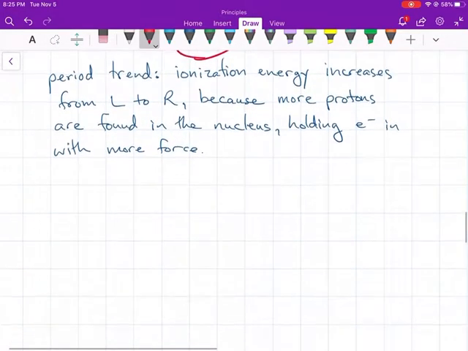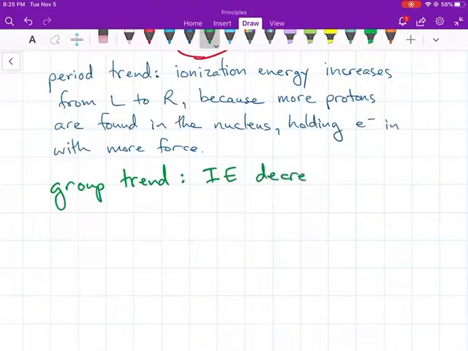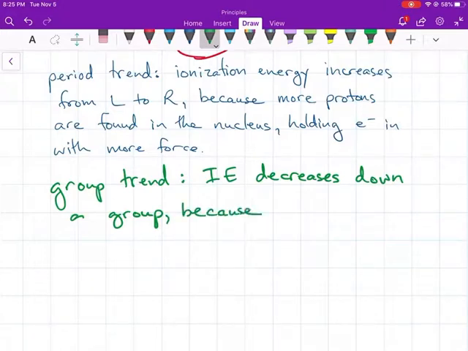Now the group trend you should have found is that IE, ionization energy, decreases down a group. And the reason for that is because what happens to the size of the atom as we go down a group?